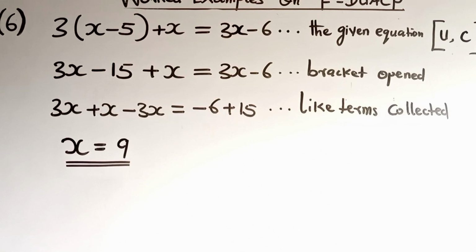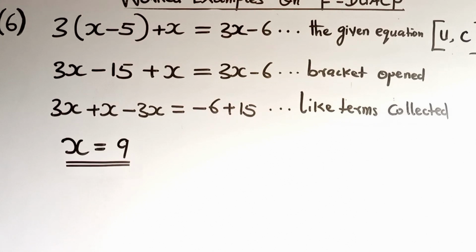Without going back to all the details involved in collecting like terms, let us practice it the simple way. The simple way that is a summary of those details. By now, we must have known the details of collecting like terms. The summary of those details is what we're going to apply here.